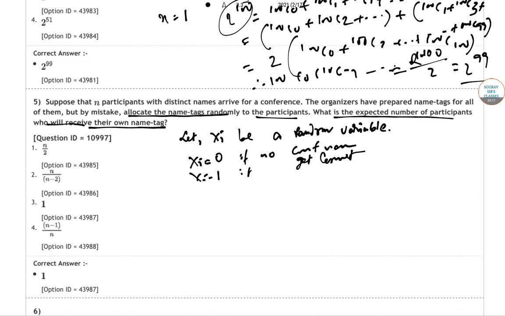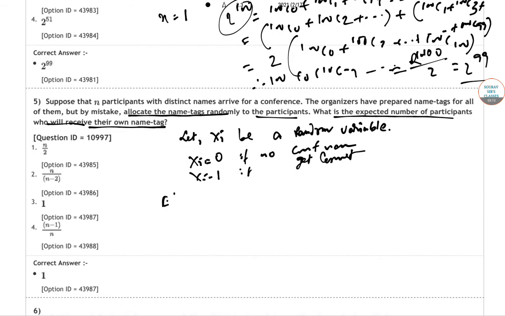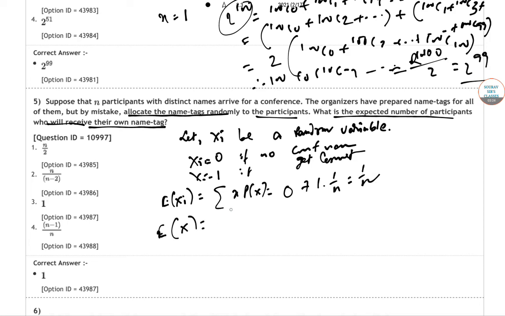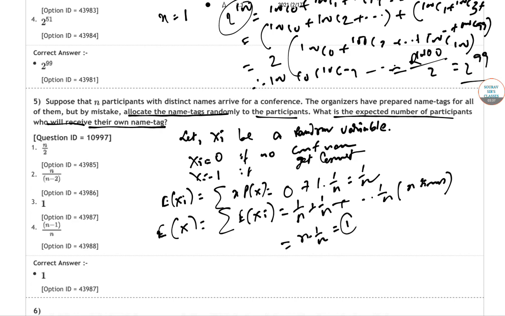Clear? So expectation of xi equals summation of x into p(x), that is 0 plus 1 into 1 by n, that is only 1 by n. So expectation of x is summation of E(xi). So this will provide you 1 by n plus 1 by n ... 1 by n. So this whole thing is n times, n into 1 by n. Answer is 1. So hence C is the correct answer.